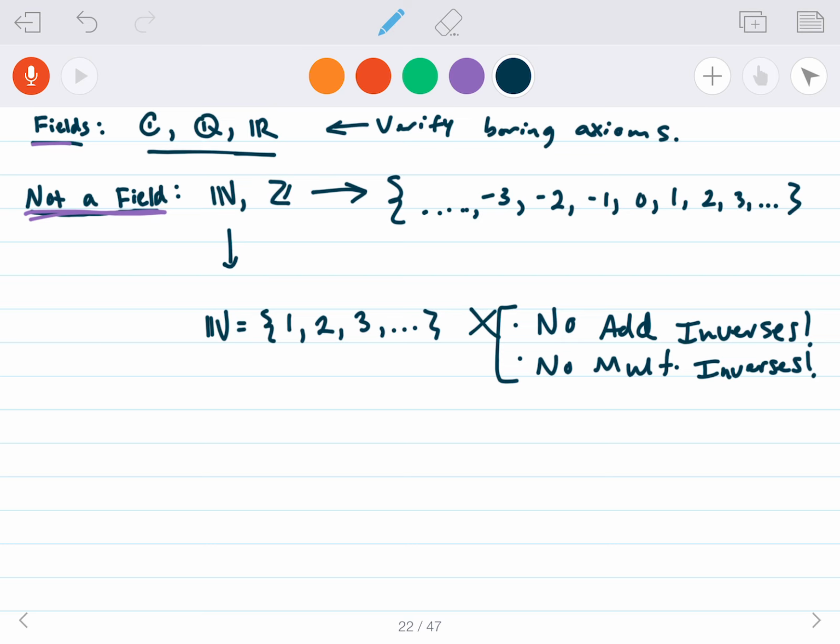Anyway, not all of them have multiplicative inverses. Like 2: 1/2 is not in this set, okay? So no multiplicative inverses for every element. I mean, the multiplicative inverse for 1 is obviously 1, and that's in there, but in general, for numbers like 2, 3, 4, etc., we don't have a multiplicative inverse. So these are not a field.